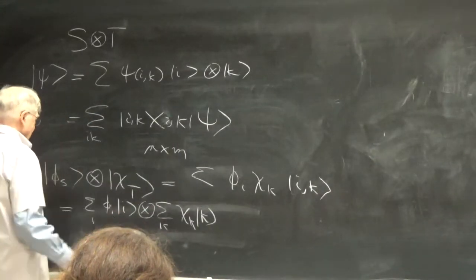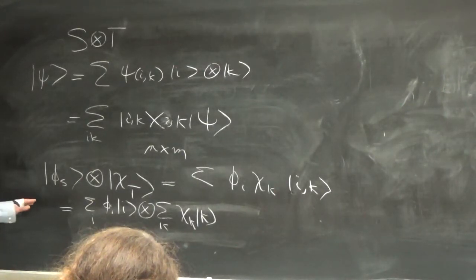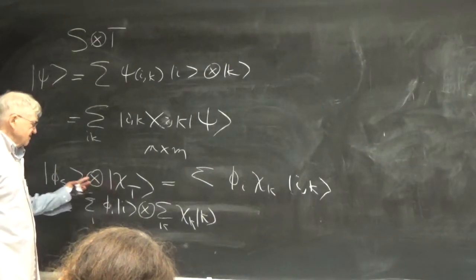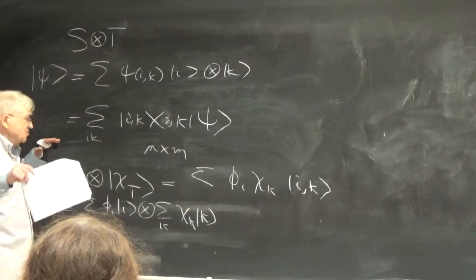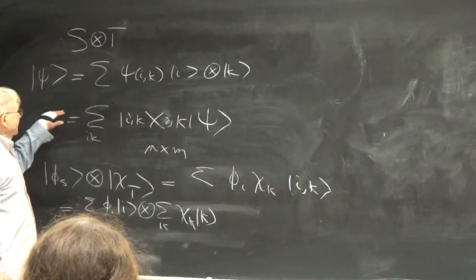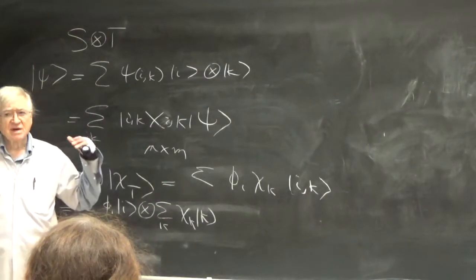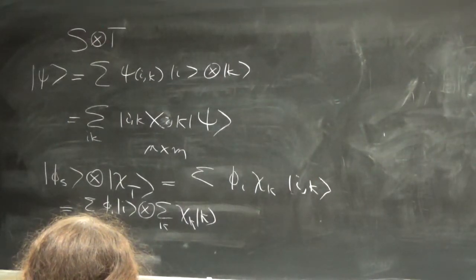But here, the space spanned by these direct products is of much lower dimension than the direct product of the two vector spaces.